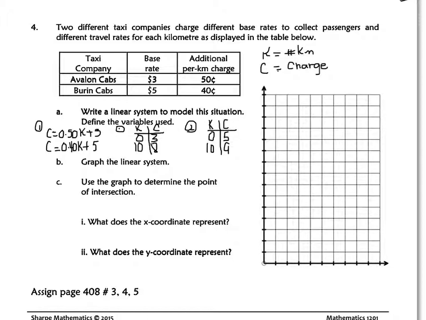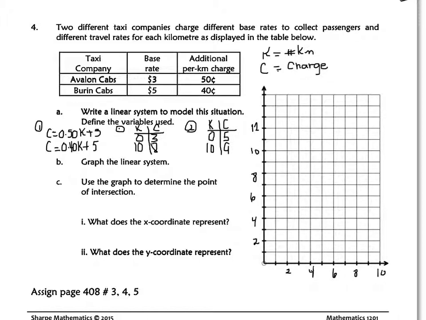So we want to go on the kilometres. We can probably try to put in 2, 4, 6, 8, 10. And for the costs, we want to go up at least as high as probably 10 as well. So we've got 2, 4, 6, 8, 10, 12.